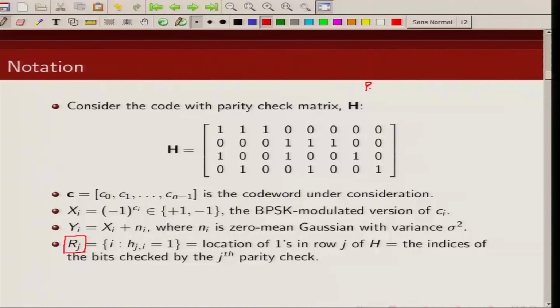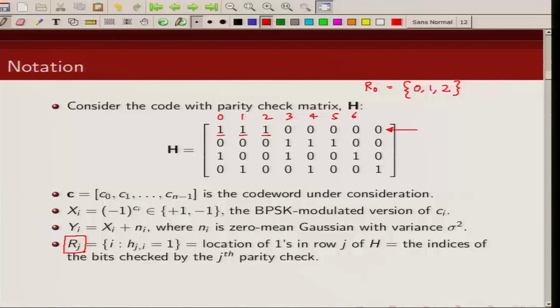What is R0? R0 corresponds to the 0th row, which is this row. Now look at the bits that are 1 here. Let us just label them 0, 1, 2, 3, 4, 5, 6. So R0 corresponds to 0, 1 and 2.